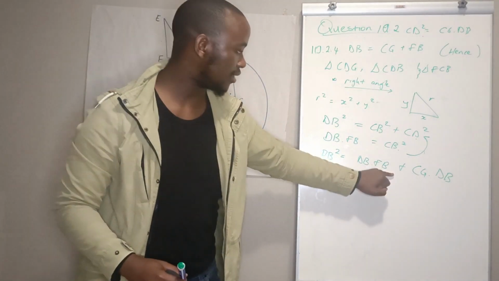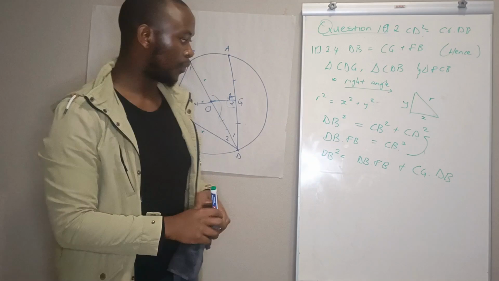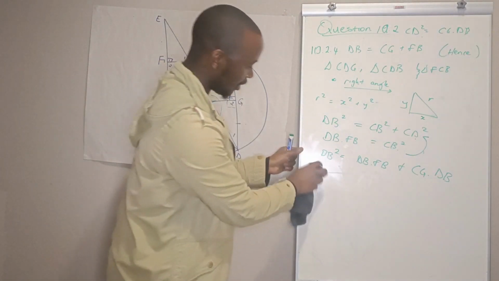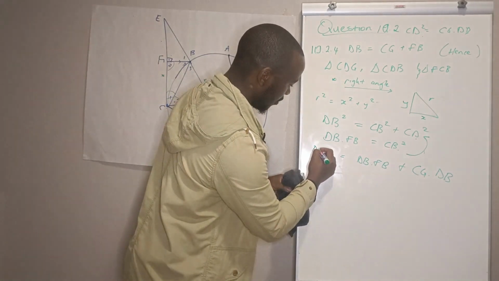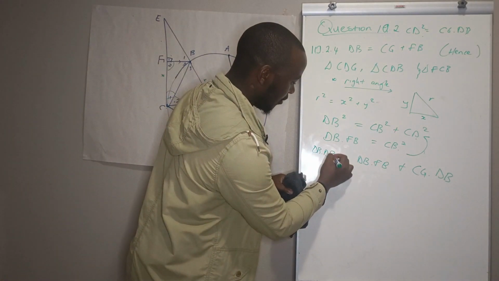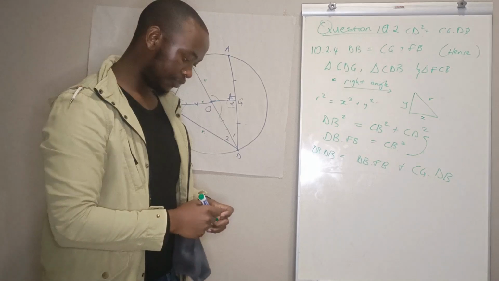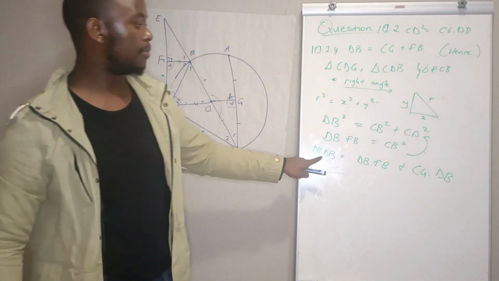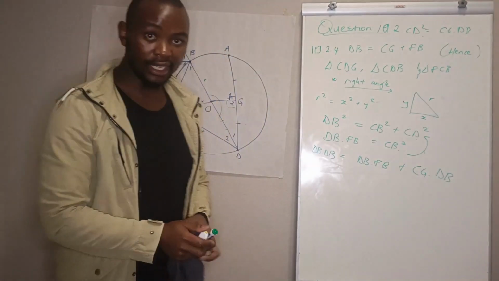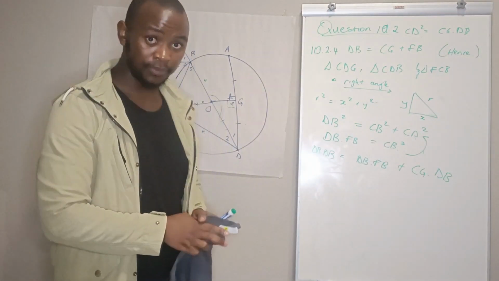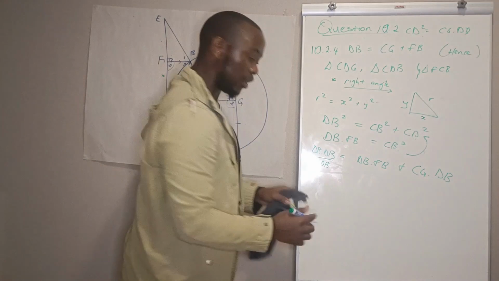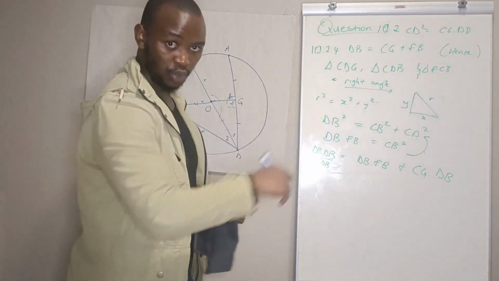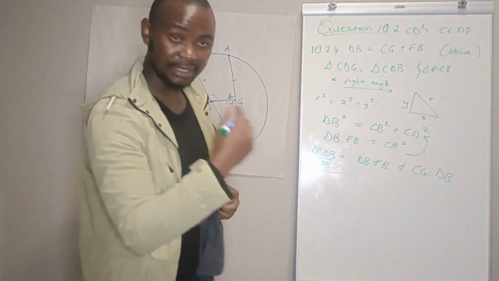How are we going to take this and get to this part? So the most exciting part is that DB squared is just DB multiplied by DB. And we can already see that DB is common throughout that equation. So we can divide by DB. And what you do on the left hand side, you have to do on the right hand side so that the equation still stands.